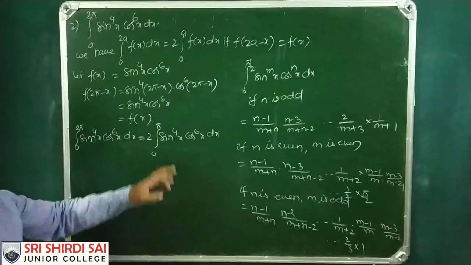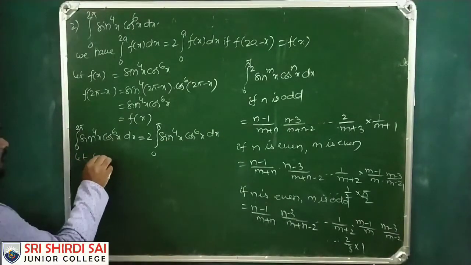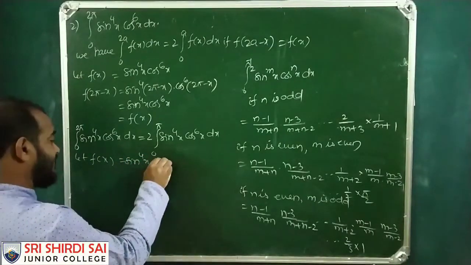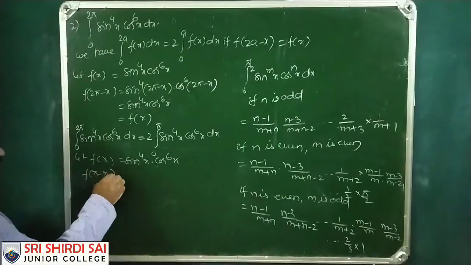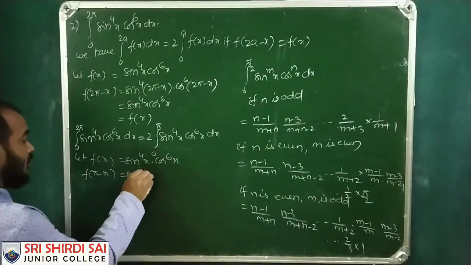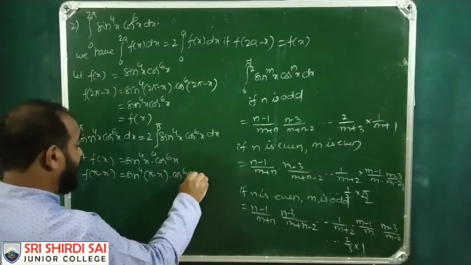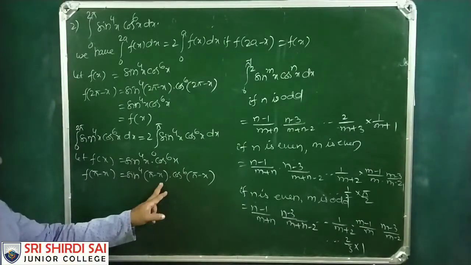Again this is not in 0 to pi by 2. So let f of x is equals to sin power 4x into cos power 6x. So f of pi minus x is equals to sin power 4 pi minus x into cos power 6 pi minus x. So sin 180 minus x is sin x whole power 4.